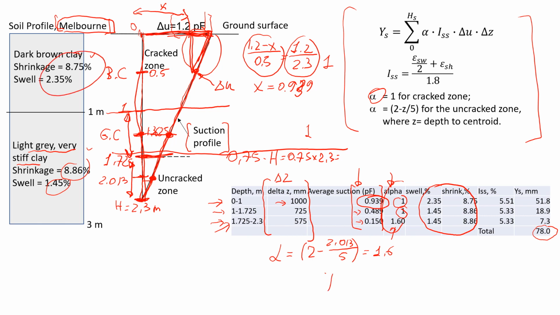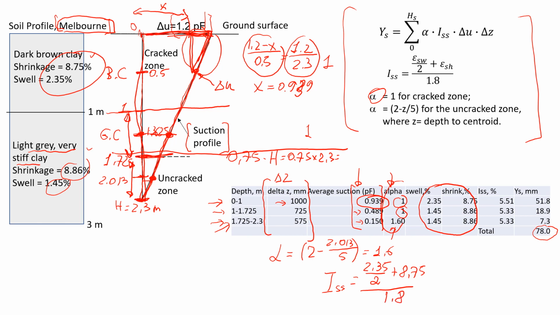So I'm going to write here Iss is equal to, first, we're gonna get the swell, it will be 2.35 divided by 2, plus next one will be 8.75, which is from shrinkage, and divided by 1.8.